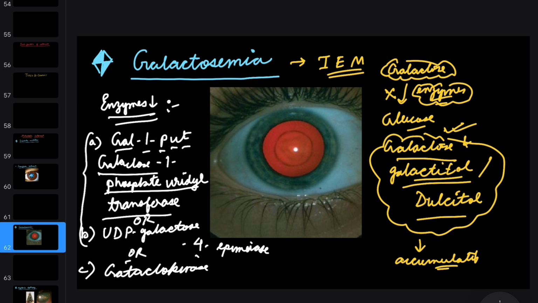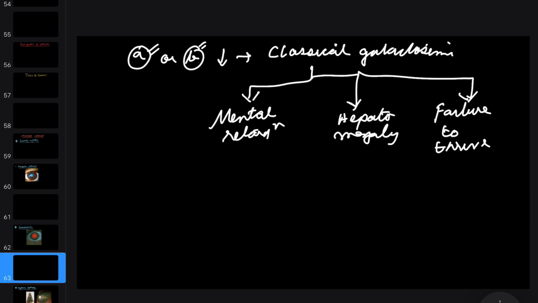This is a condition of infancy. This is not a condition that affects adults as such, since, as the name suggests, this is an inborn error of metabolism. That is, you're born and you have this problem. You cannot acquire a mutation within your lifetime which makes any of these enzymes deficient. No, you're born with this condition. That is why galactosemia is a condition that you will find in infants, meaning babies less than 1 year.